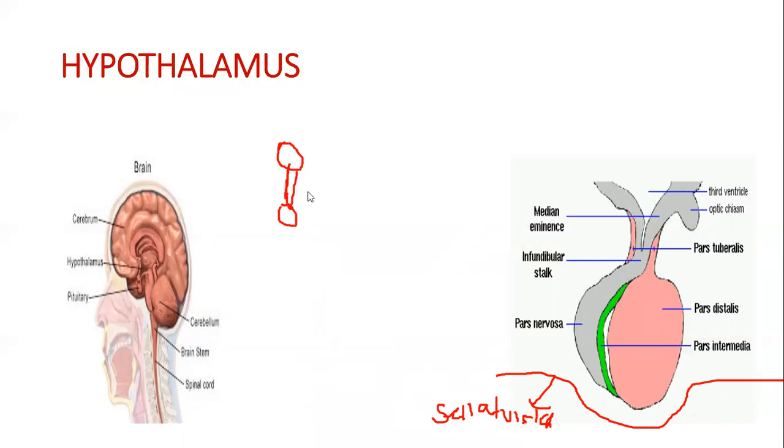Anatomically, it is divided into adenohypophysis, also called the anterior pituitary, and neurohypophysis, also called the posterior pituitary.